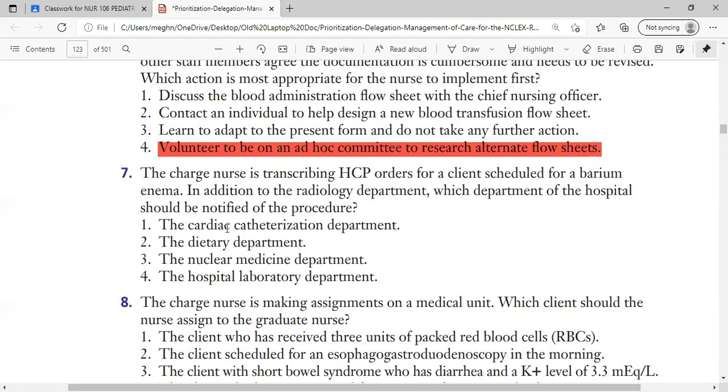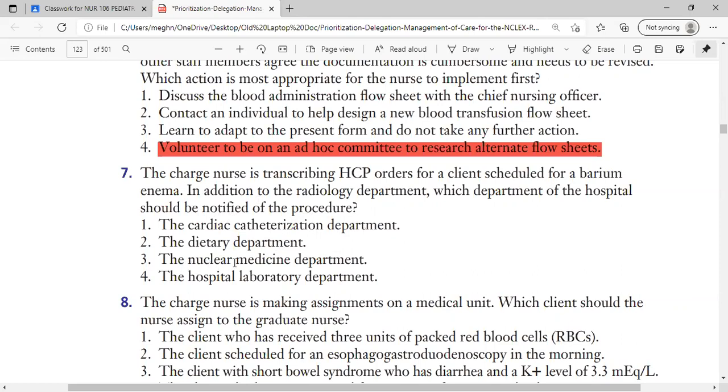So, cardiac catheterization department, no, because my patient is having a barium enema. It is a GIT problem. I have to go gastro, not cardiac.